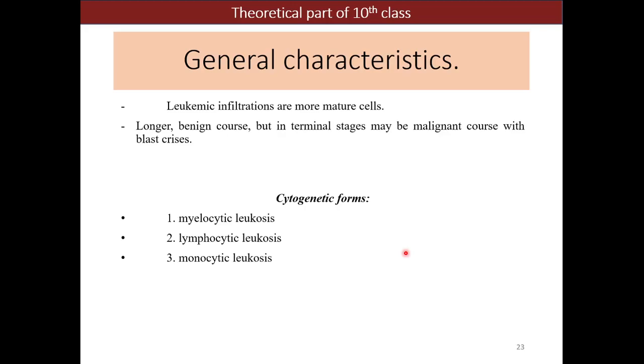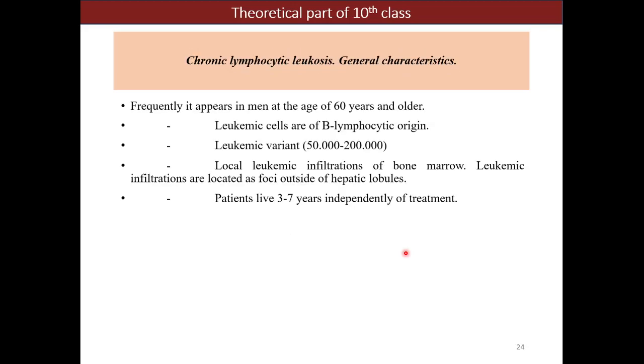And if you see deep blast cells in the peripheral blood of a patient with chronic leukemia, it means that this patient will die soon. Cytogenic forms are like myelocytic leukosis, lymphocytic leukosis, and monocytic leukosis.